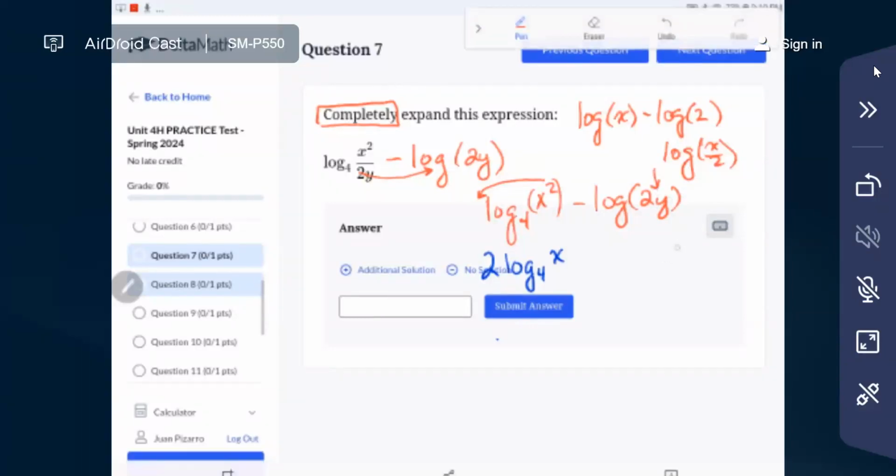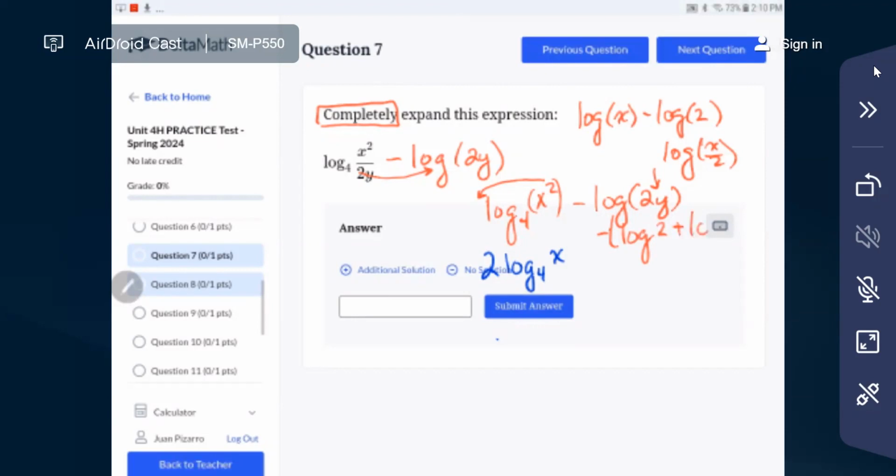So we're going to have to change that into negative log 2 plus log of y. That was our rule that said we change multiplication to addition.